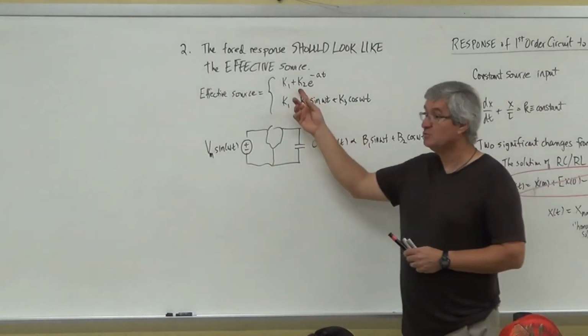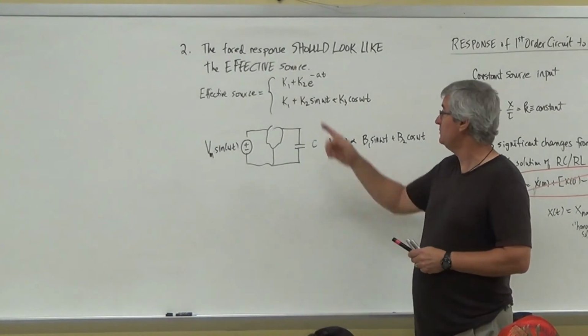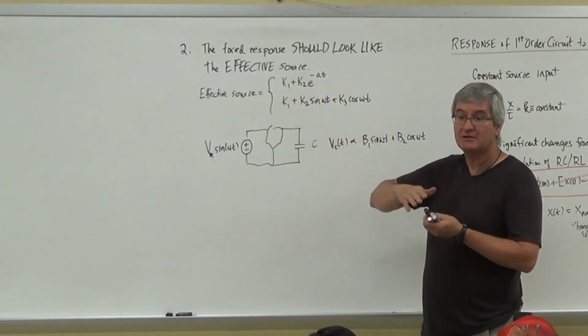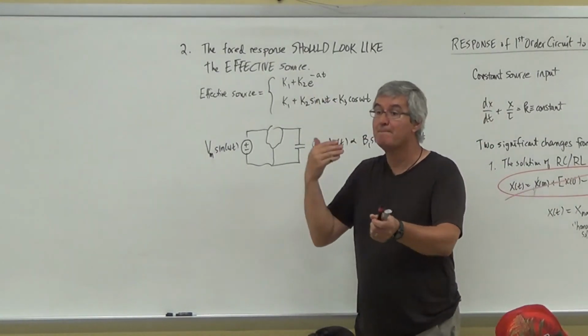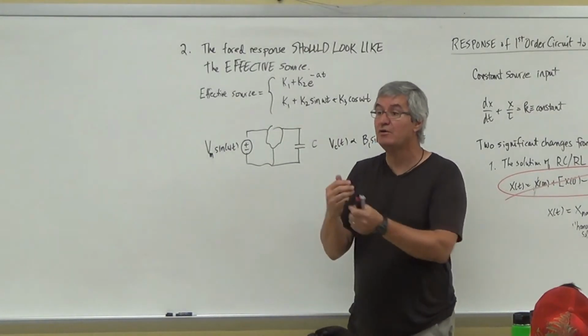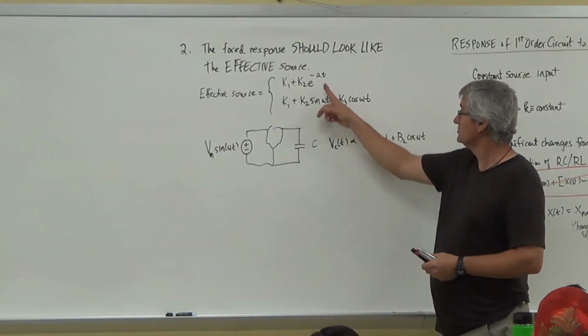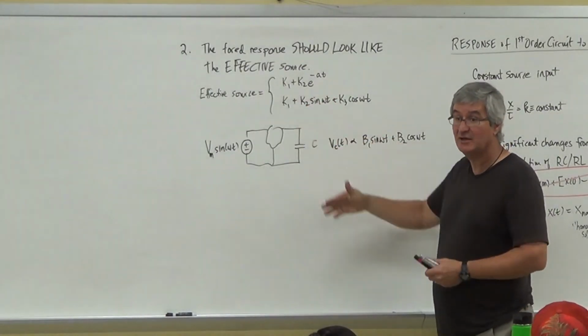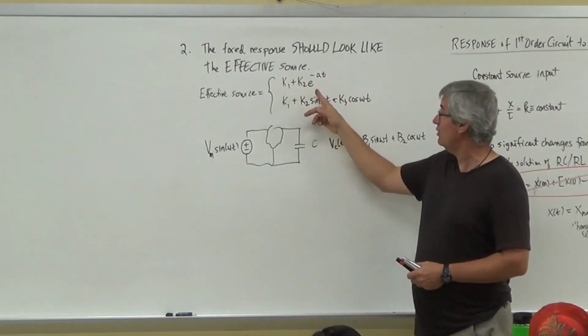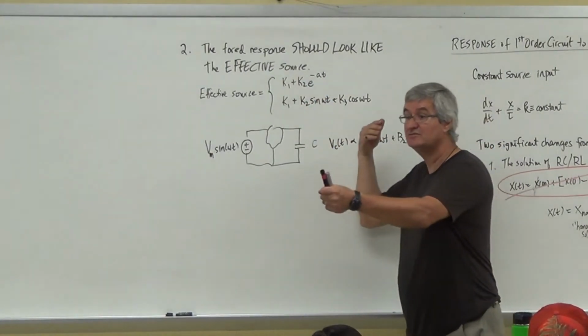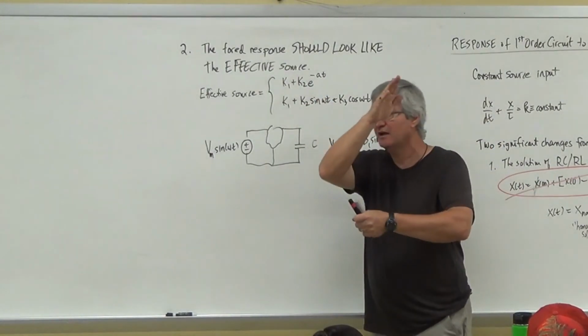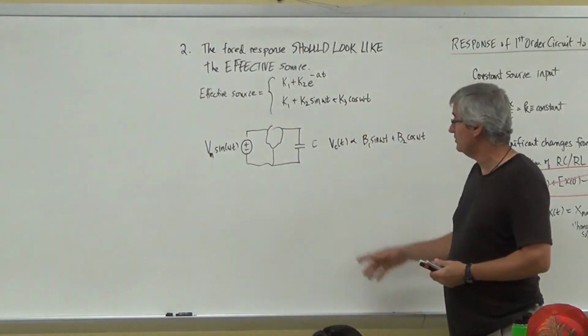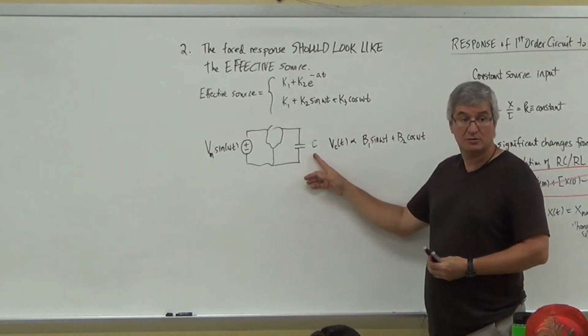The same thing happens with an exponential source. What do exponential sources do? What they typically do here is that they give it a burst of energy for a very brief amount of time. But over time, what happens to that exponential? It decays. So that decaying term gives it a boost, and then it suddenly dies down. So what would I expect the voltage of a cap to do?